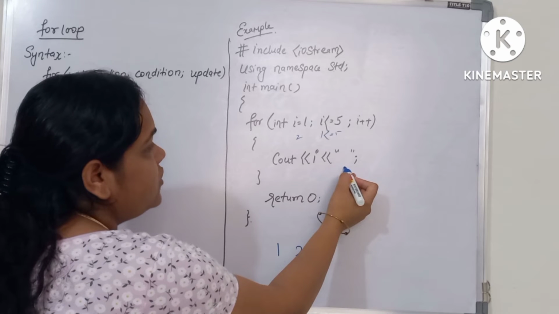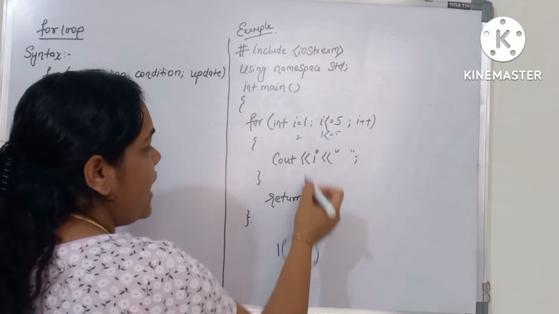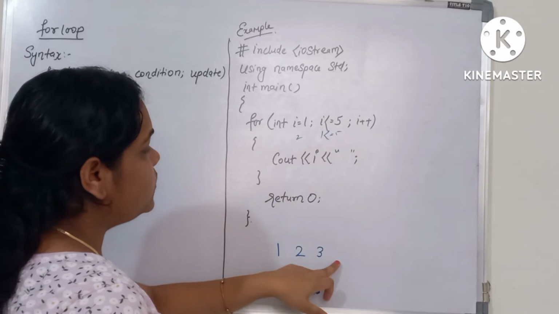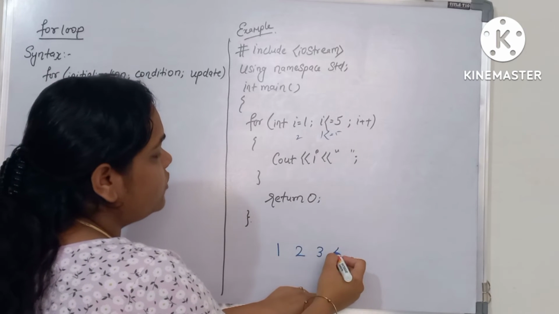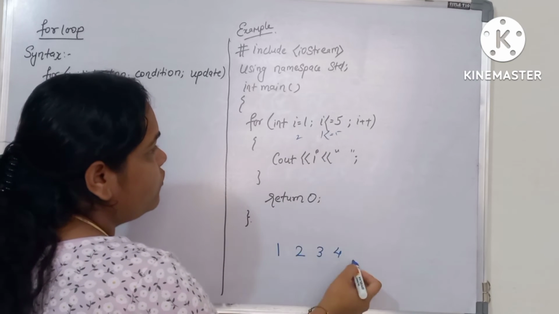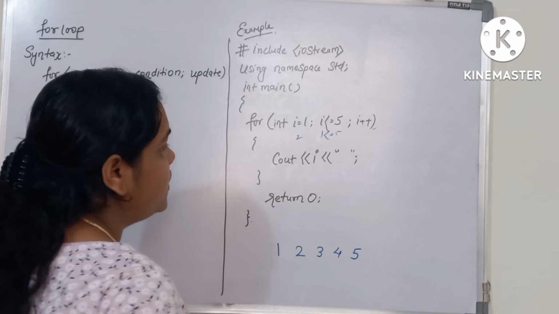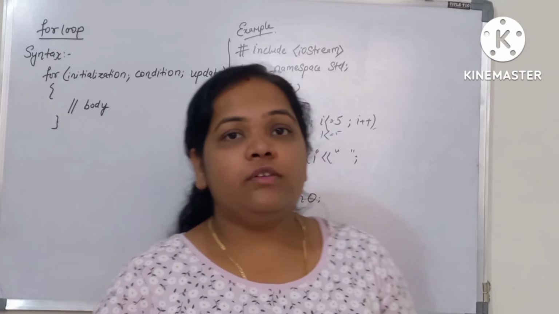Here we are using a space and then next I++ makes I equal to 3. Now print I and then again a space, and again increase the I value, and now I equals 4. Then again a space, and now I equals 5. I is equal to 5. This condition is also true. Now print 5 and then return 0. So this is the example for the for loop.